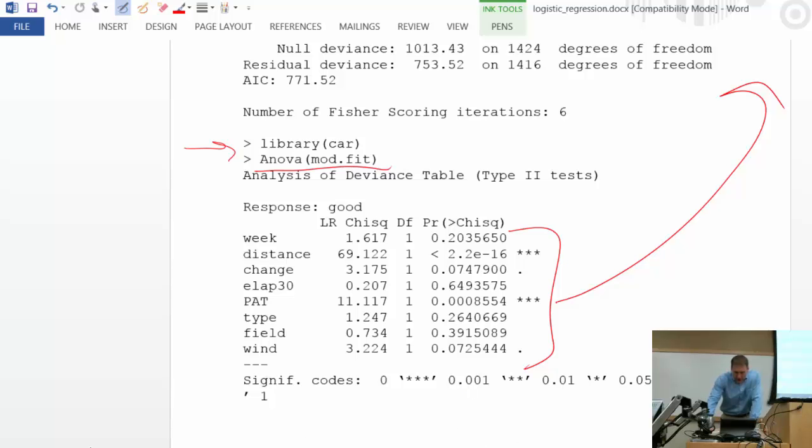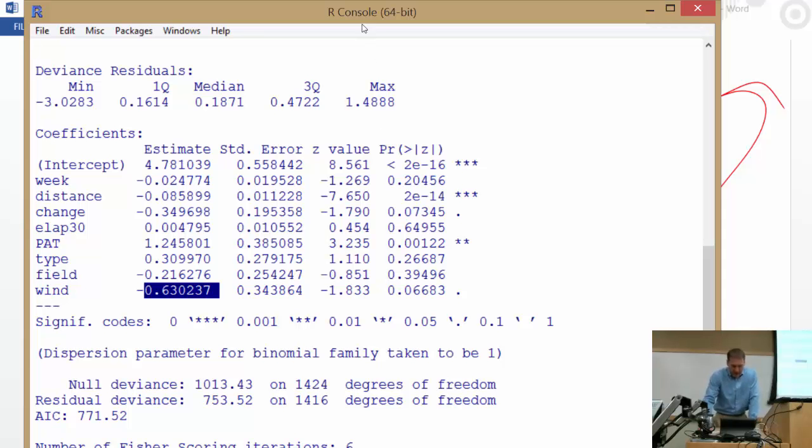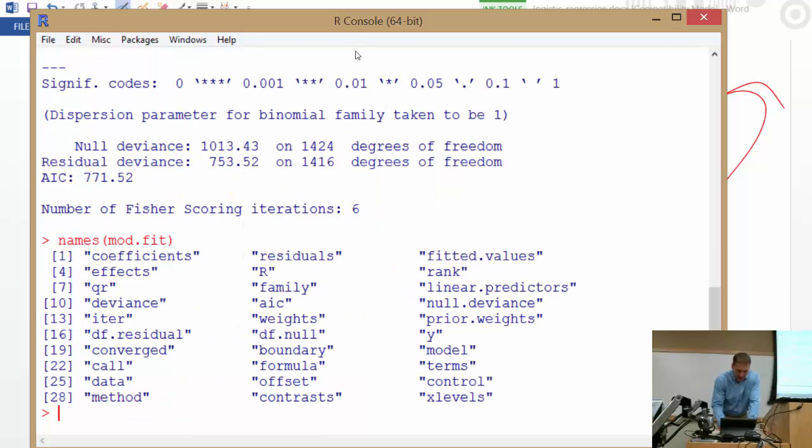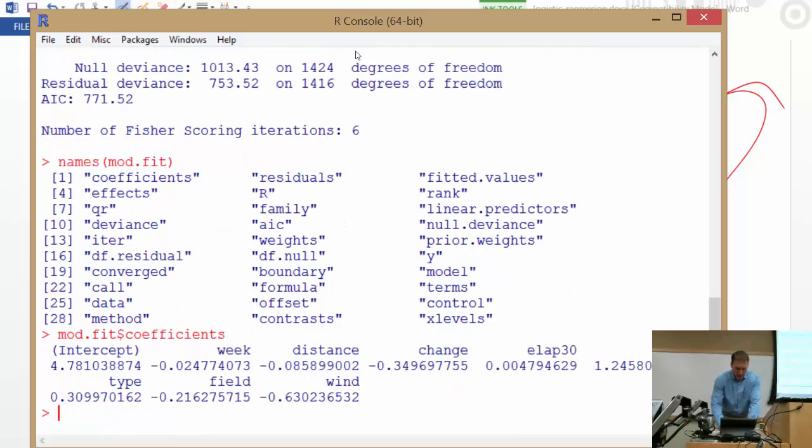We can further see the information that's actually stored inside of mod.fit by using the usual names(mod.fit). So mod.fit is actually a list. And so you can see there's a whole bunch of information stored in there. If I were to do mod.fit$coefficients, we get the beta hats.